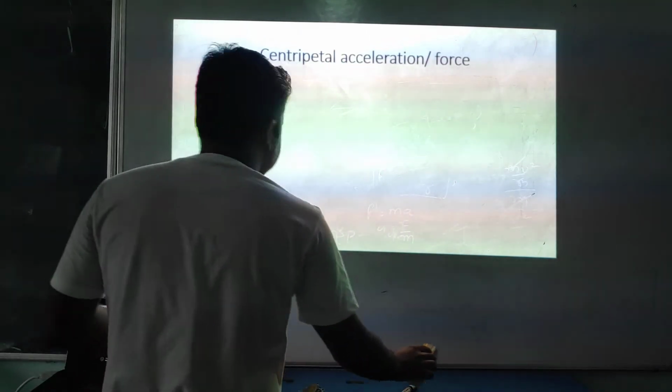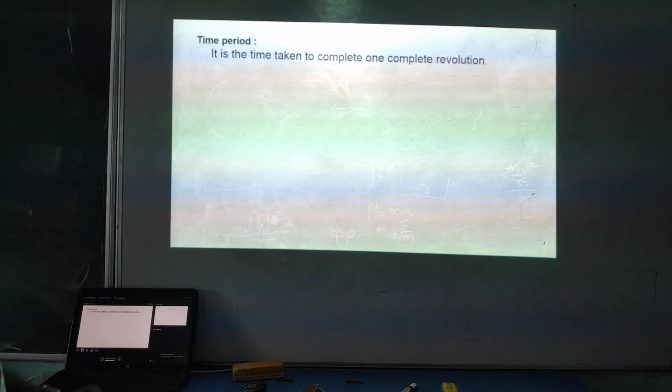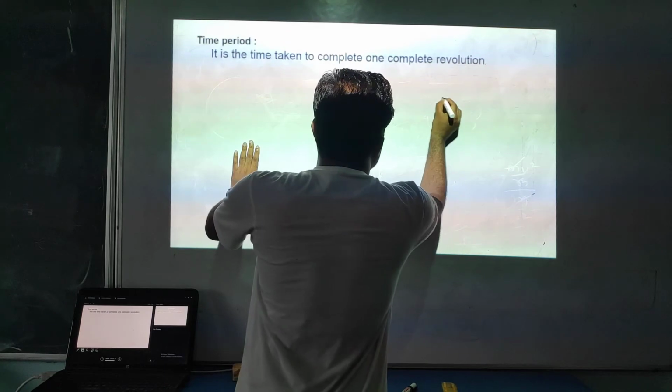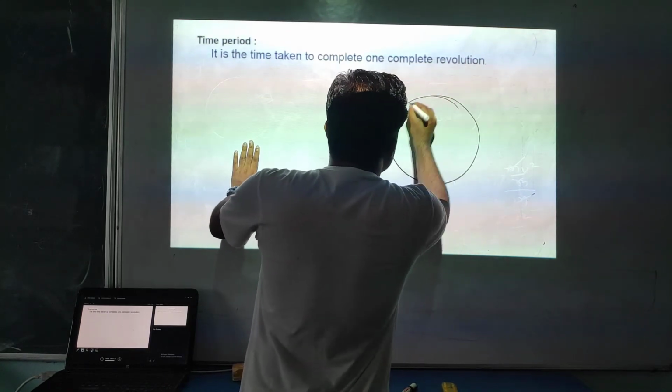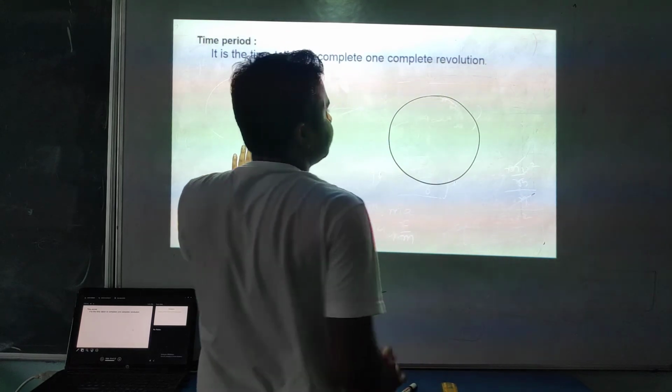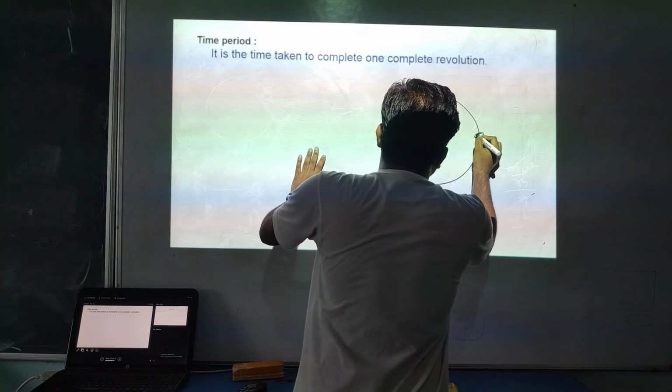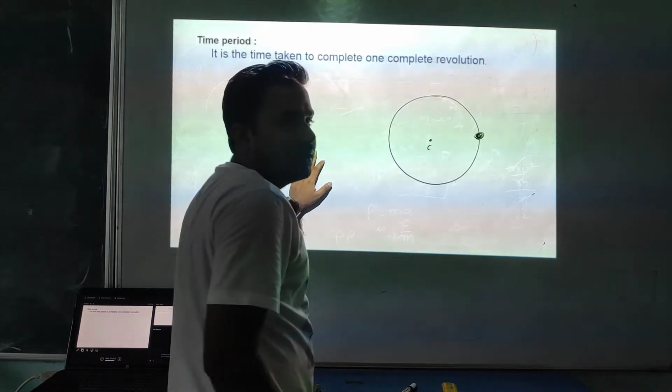Now students, comes the next topic, time period. Look at this. What is time period, student? This is the circular path, and here is the center. The object is moving along this circular path.